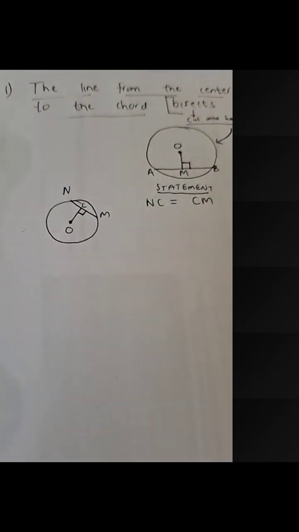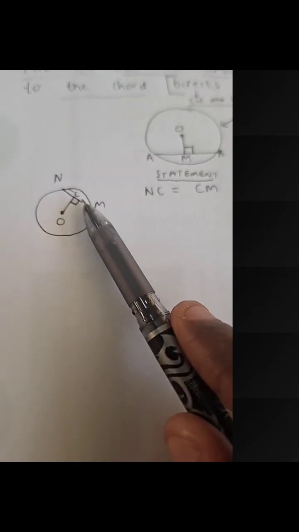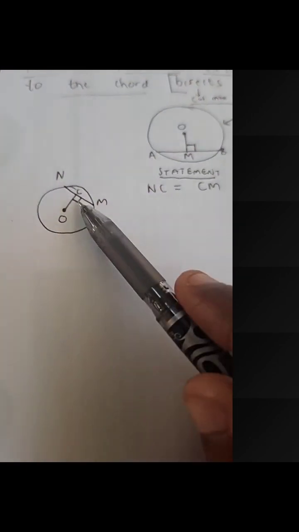We know so well what a chord is. We understand what perpendicular means. Perpendicular is when two lines meet and form the angle 90 degrees. So all of these things we understand very well.